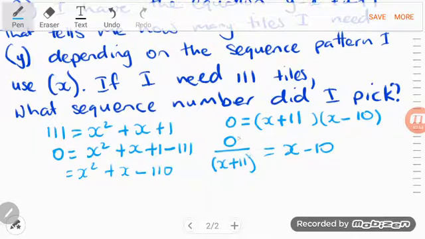This side here, the left-hand side, is going to equal 0 in the end, isn't it? 0 divided by anything is going to be 0, of course. Which leaves us with x minus 10 on the other side. So that must mean that x is going to equal 10, because 10 minus 10 is going to equal 0.